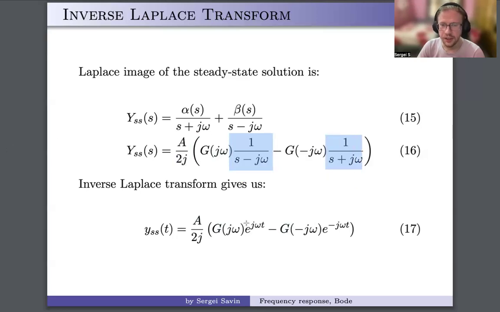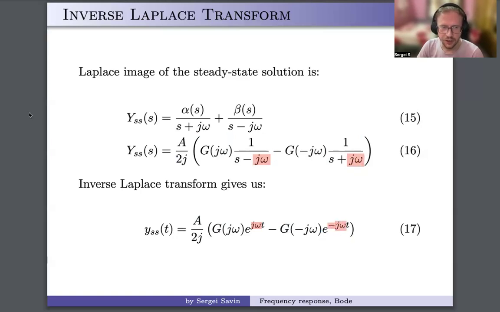Well, the first one gives us exponent to the power of this coefficient. The second one gives us exponent to the power of minus this coefficient.